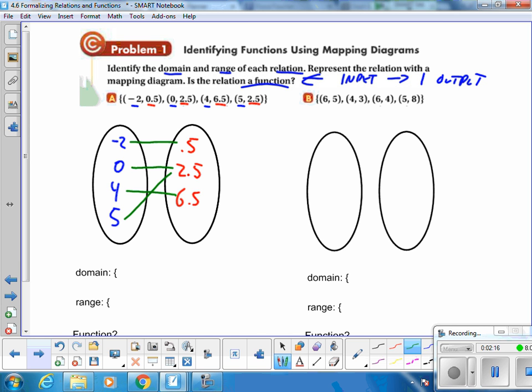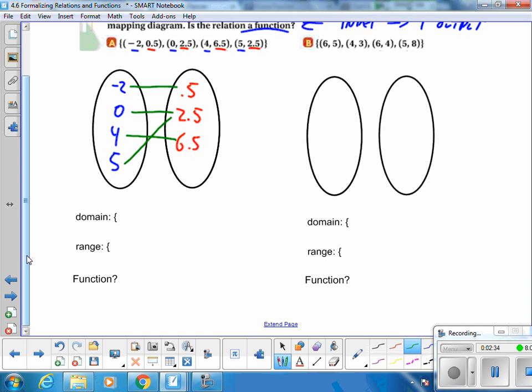Our conversation is that for something to qualify as a function, for every input there needs to be exactly one output. So this relation does qualify as a function. So is it a function? It is a function.